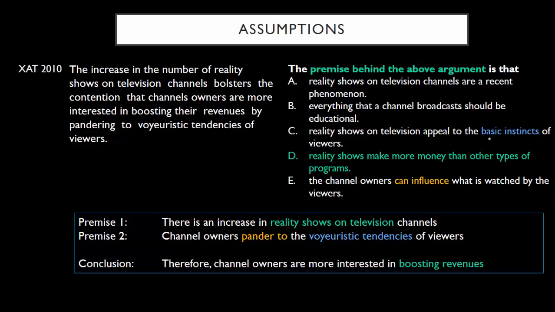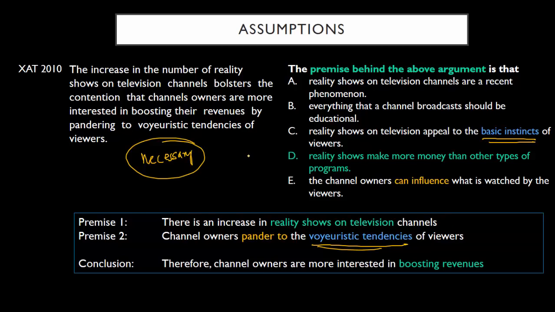C, the issue is basic instincts. Reality shows on television appeal to the basic instincts of the viewers. Are voyeuristic tendencies necessarily basic instinct? I'm again asking this question of necessary things. The reason why I'm asking is because assumptions, ladies and gentlemen, are something that is necessary for the argument to make any sense. It's not necessary. Even if it does not appeal to basic instinct, still the argument would be okay.